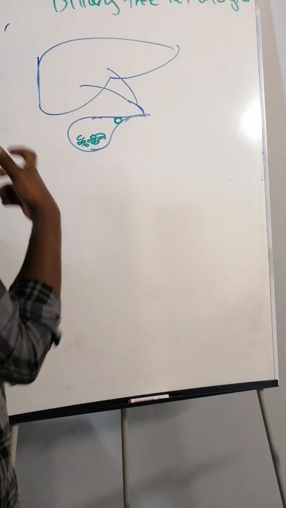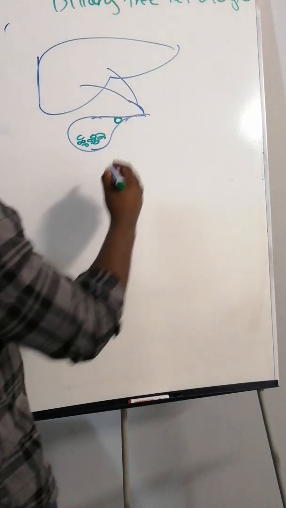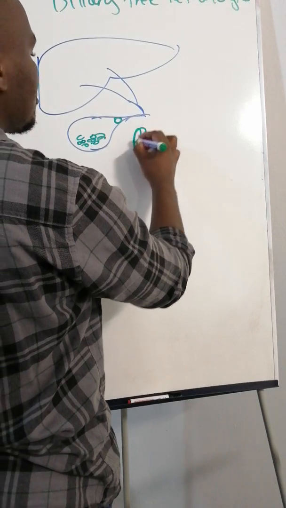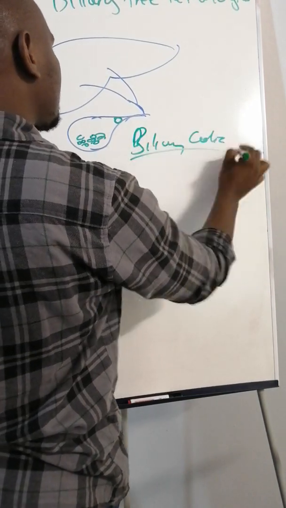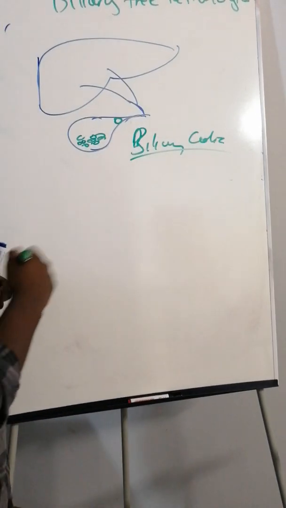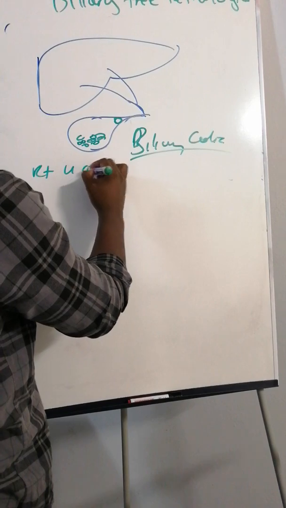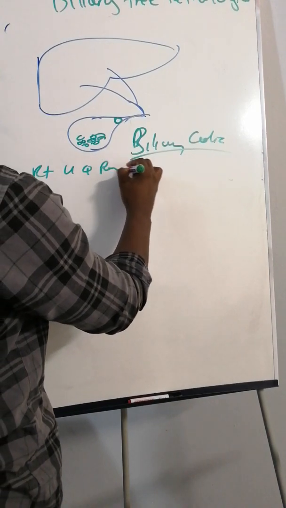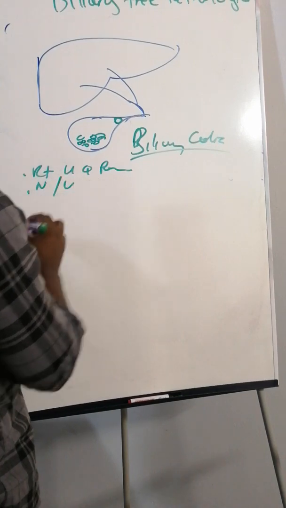So those are the patients who become symptomatic, because now they will have what is called a biliary colic. Biliary colic. So they will start having a right upper quadrant pain. They'll start to become nauseous and sometimes even vomit.